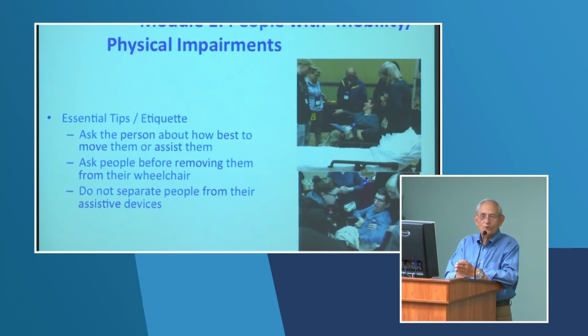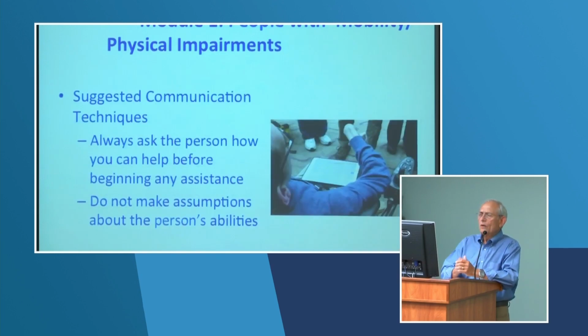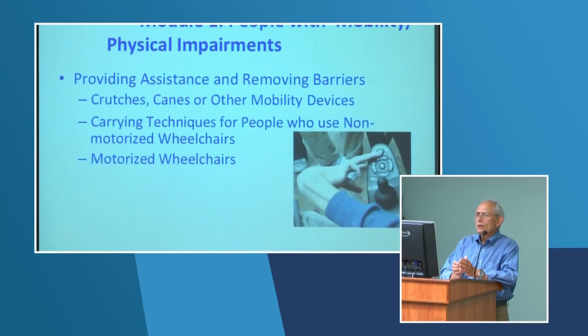If you can't transport them in a wheelchair, and most ambulances don't do very well with wheelchairs, if it's not an emergent situation, you may call for a wheelchair type of car in order to transport them, so you keep them in a wheelchair. Ask before you begin assistance. Don't make assumptions about their abilities. Bring the crutches, canes, other things with them.